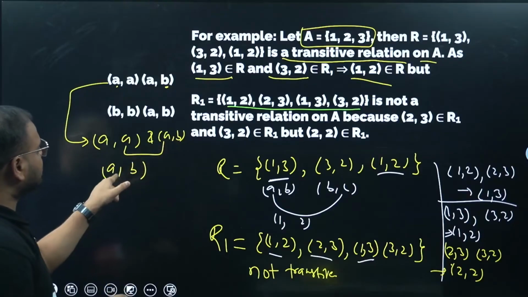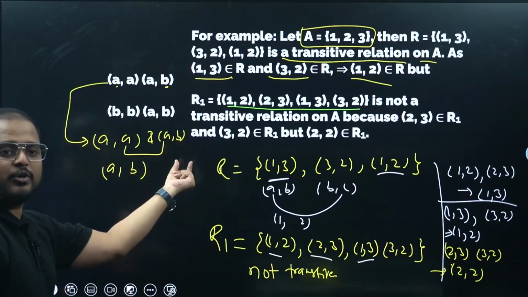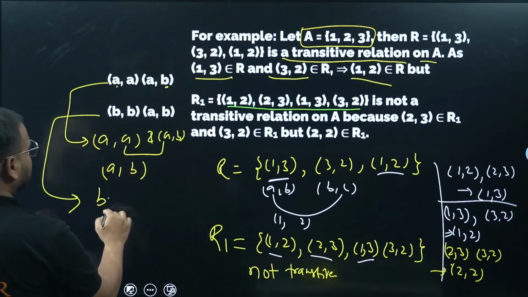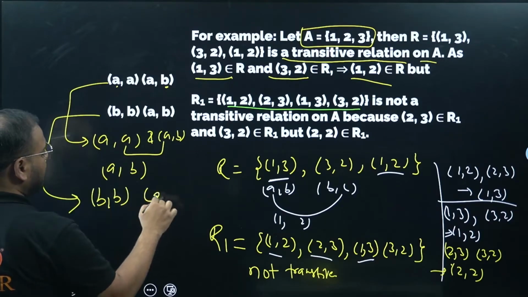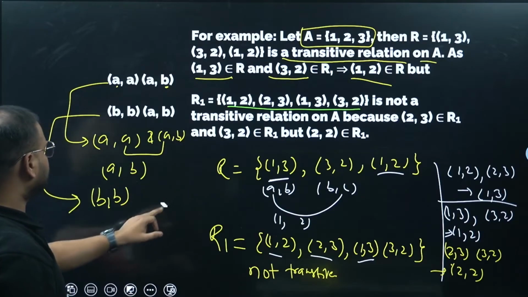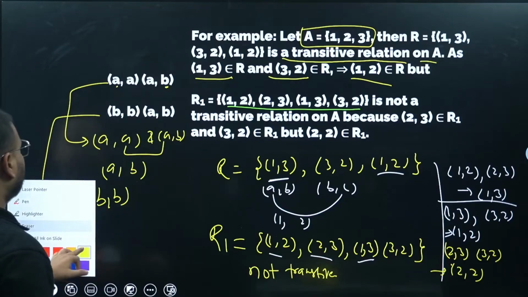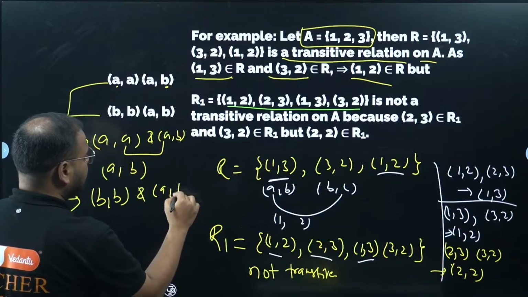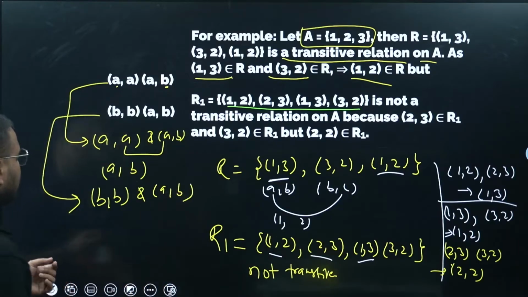This A and this B has to be there, which is already there. So we don't need to check. Okay. Now compare this: (B,B) and (A,B). If in a relation both of them are present, then what has to be there?